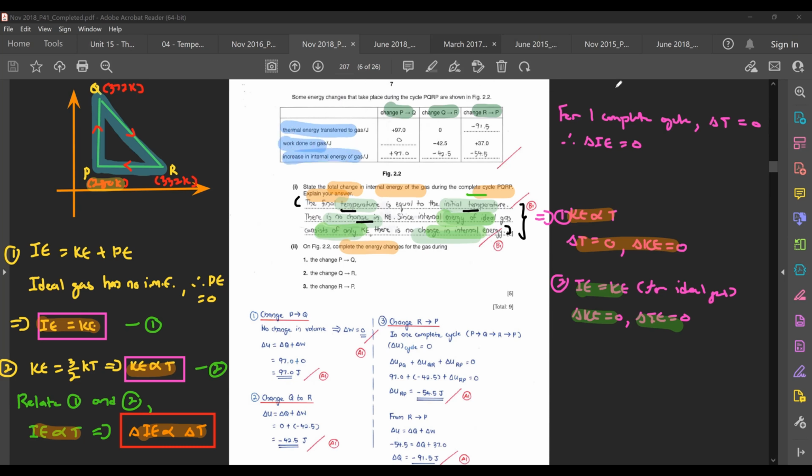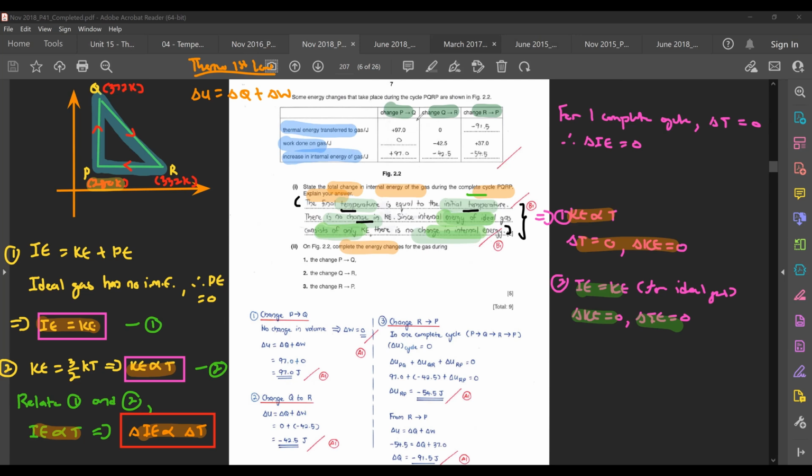So all these three quantities relate to one equation that you've just learned just now. That one is your thermodynamic first law. Your thermodynamic first law is delta U equals delta Q plus delta W.